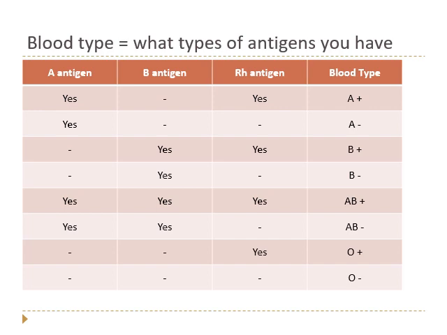So here is a summary that shows you that your blood type is just a way of describing what antigens you have on your red blood cells. So we can see up here, right, this first row, if you have A and you have RH, you're A positive. If you have A and that's it, no RH, you're A negative.